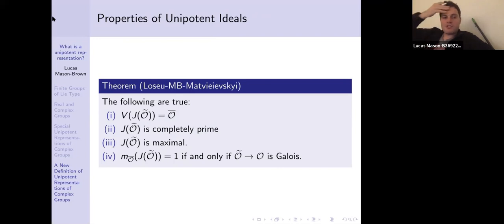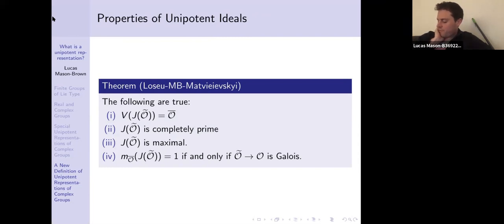These quantizations are domains because they quantize, well, they quantize irreducible varieties. And these ideals are defined to be the kernels of maps to these domains from UG. So that's more or less automatic. What's not automatic is that they're maximal ideals in the universal enveloping algebra.